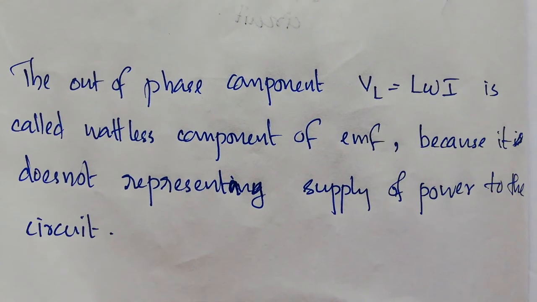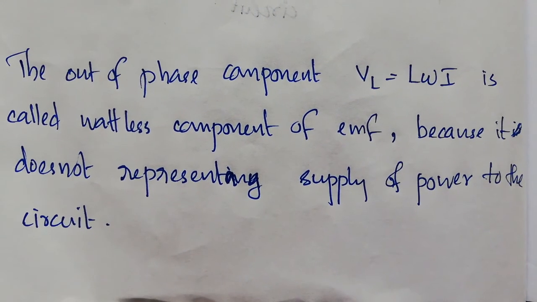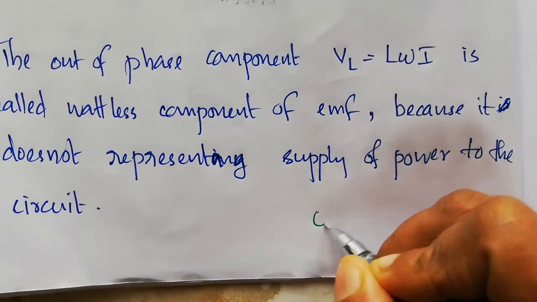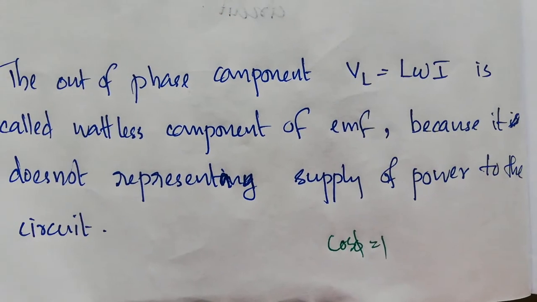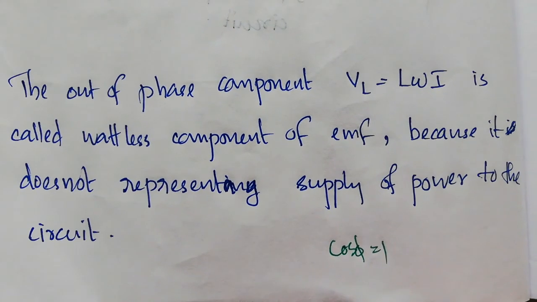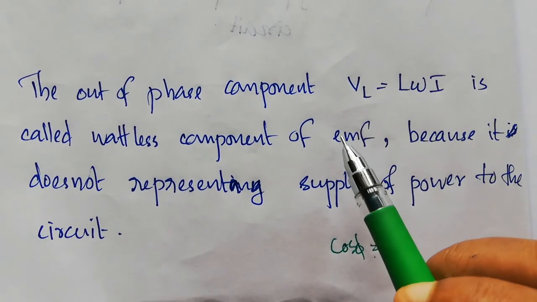We already discussed this in the power factor also. When L omega is equal to 0, we got cos phi is equal to 1. That means there is no power contribution that we are obtaining from the inductance in that circuit. So that is known as the wattless component.